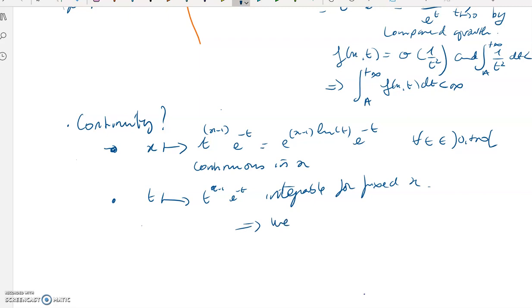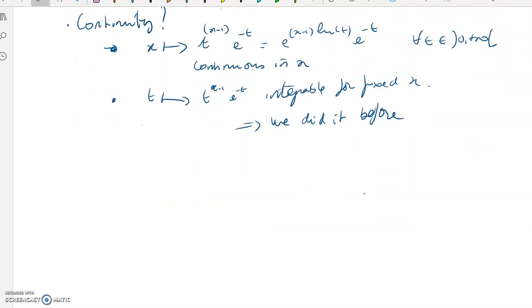That's what we did when we showed that the domain of my function was R plus star. That was exactly showing the integrability of this function in t.